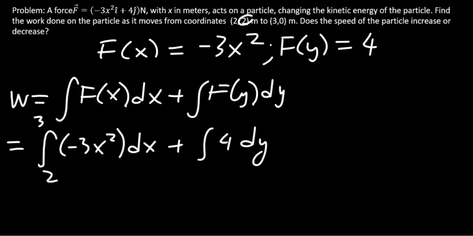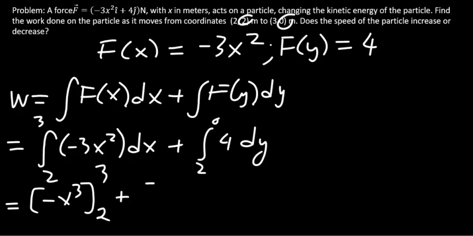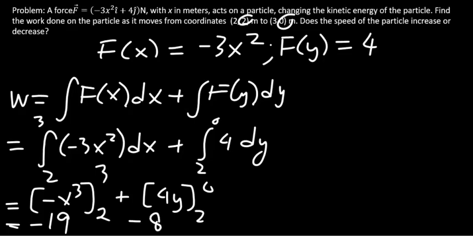The y coordinate is changing from 2 to 0. Now let's calculate the integrals. The first x integral will simply give you minus x cubed, and we put the limits like that. The second y integral will simply give you 4y, and then you put the limits like that. The first integral will give you minus 19, and the second integral will give you minus 8. So the answer for the work is minus 27 joules.